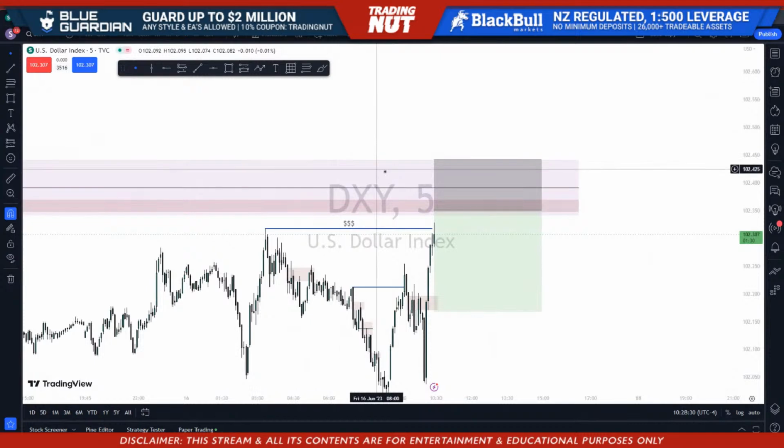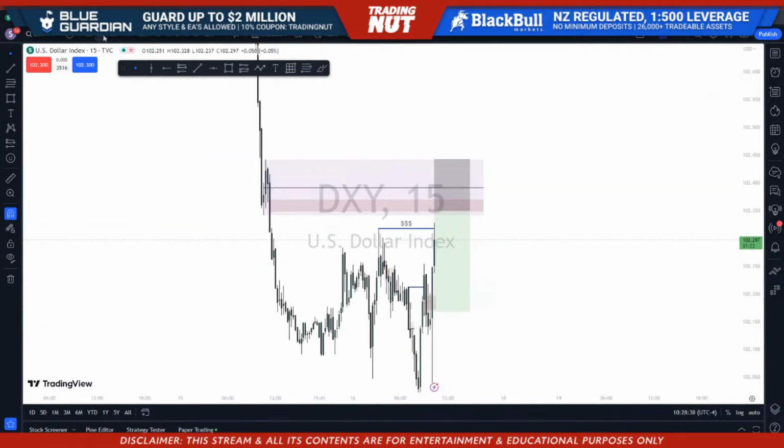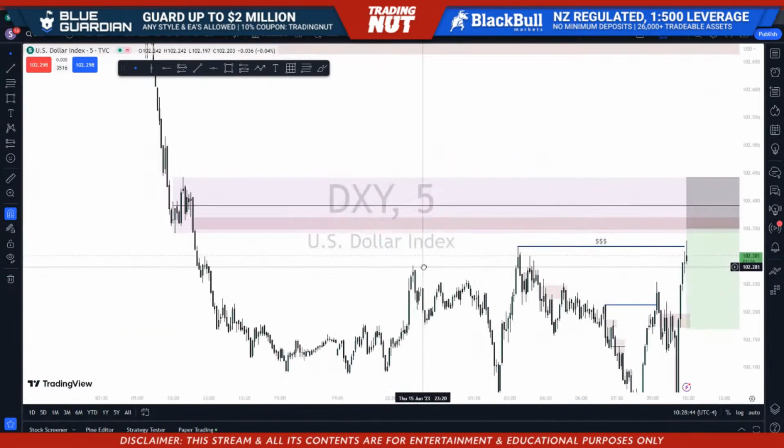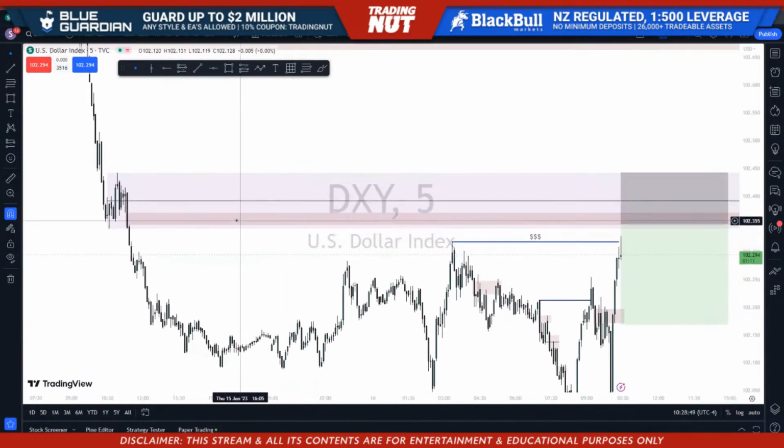Now we just gotta wait for the dollar to go a little bit higher into this area that we mentioned, this 15 and 30 minute order block. We want it to trade into, we also have this 15-minute imbalance here. We want it to trade into preferably this 5-minute imbalance at the higher end and drop from here.